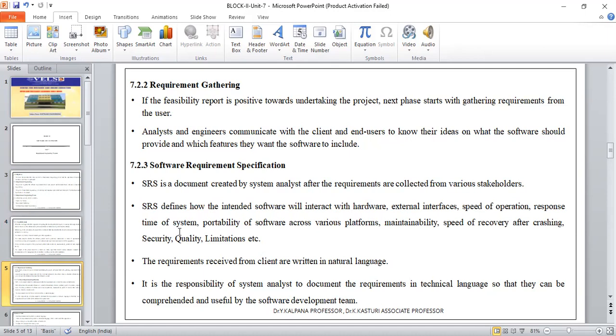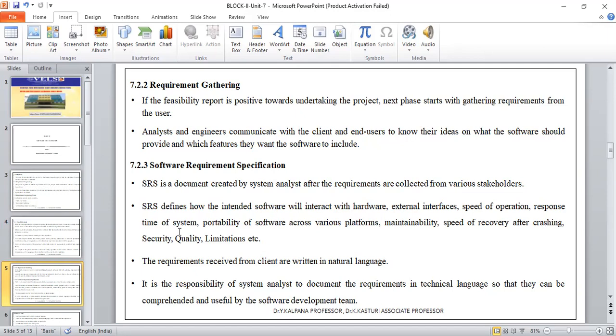If the feasibility report is positive towards undertaking the project, the next phase is what? Gathering requirements from the user. The software analysts and the software engineers communicate with the client and the end users. The client is the one approaching the software developer team, who is going to buy that product.